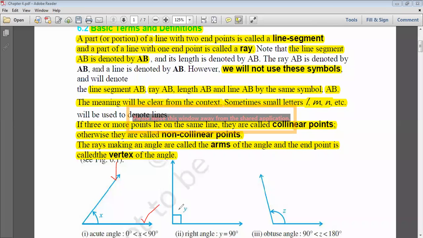We are just naming these as the arms. And the intersecting point of these two rays, that is this point, is called the vertex of the angle. Clear?